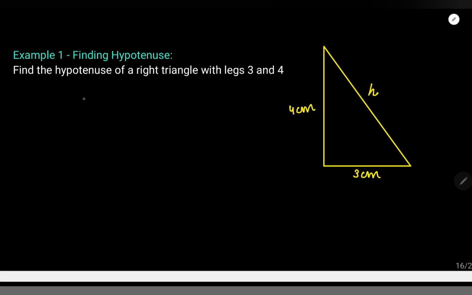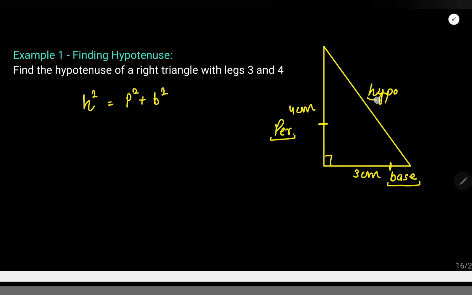We know that hypotenuse square is equal to perpendicular square plus base square. This is perpendicular, you can say height as well, and this is base. Usually we say this is perpendicular, this is base, and this is hypotenuse.